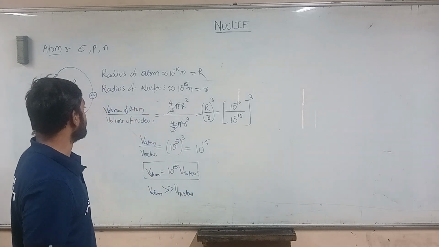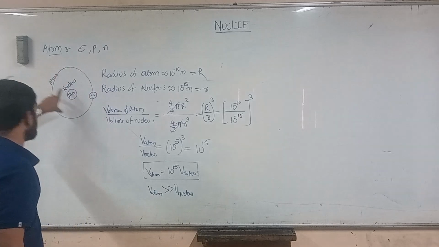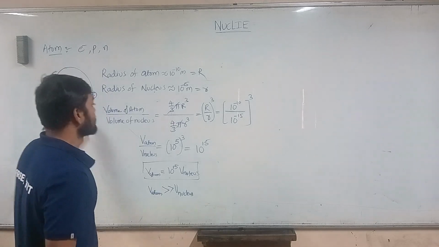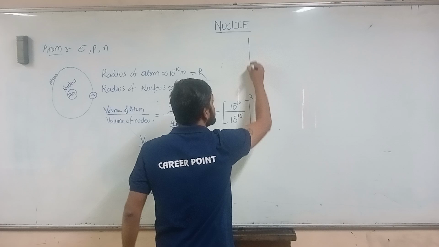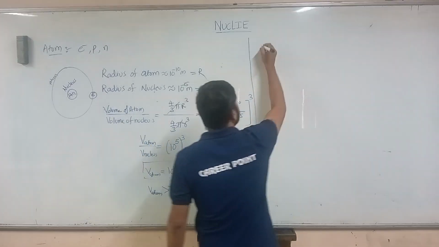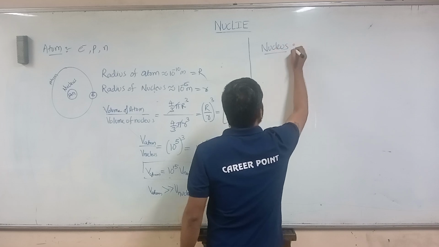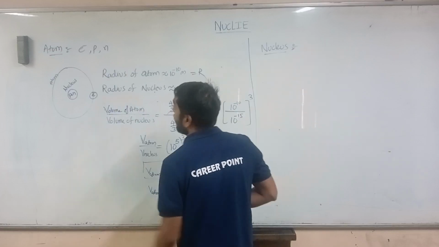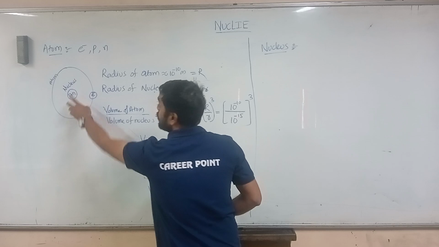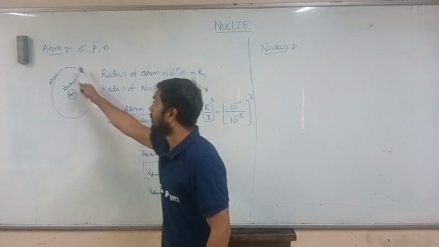Next, let us see the structure of the nucleus. The nucleus consists of protons and neutrons. The electron is just revolving.